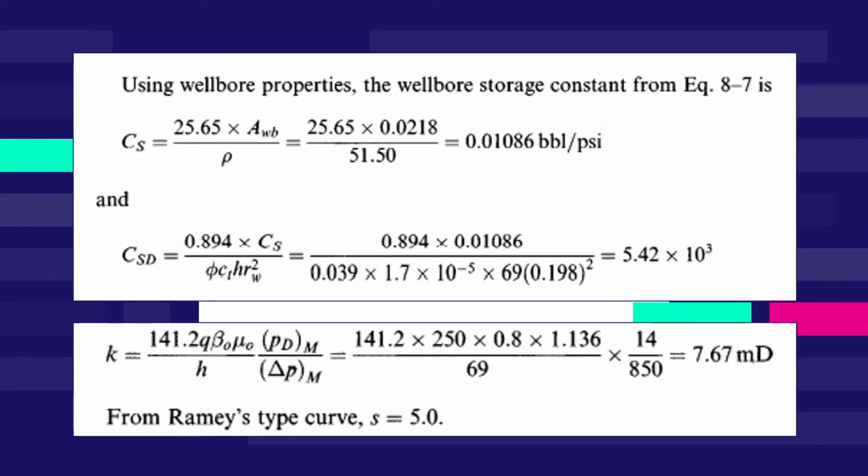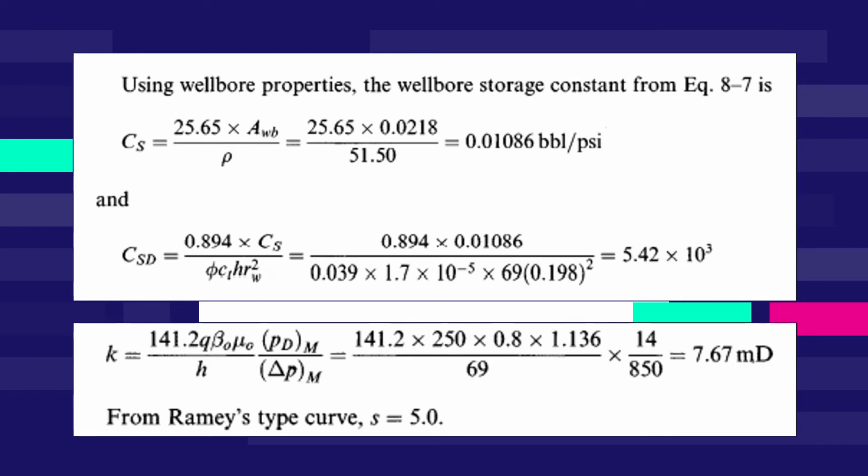So permeability k is equal to 141.2 times flow rate times oil formation volume factor times oil viscosity all over h, or thickness, times the quantity of pD over delta p match, all over the change in pressure match. So equal to 141.2 times 250 times 0.8 times 1.136 all over 69 times 14 over 850.